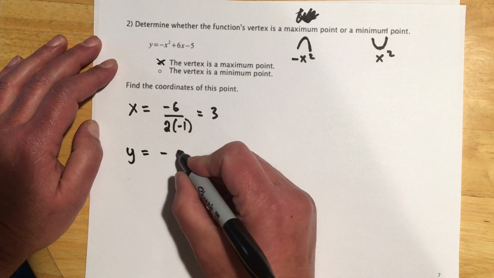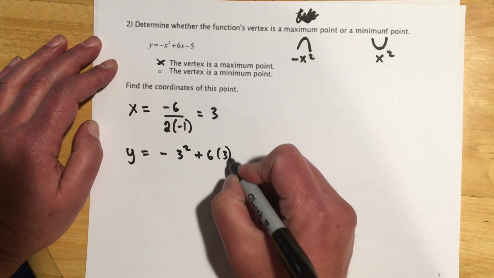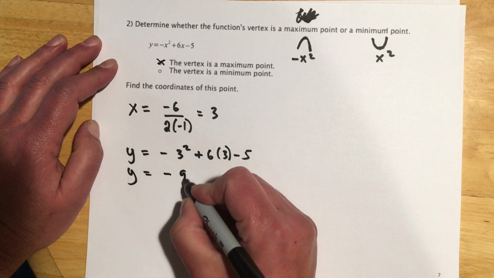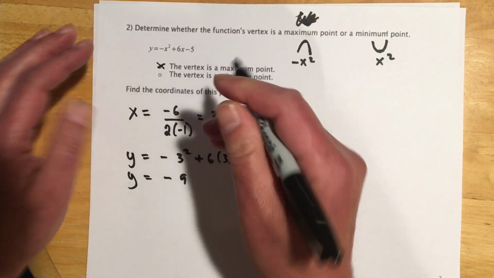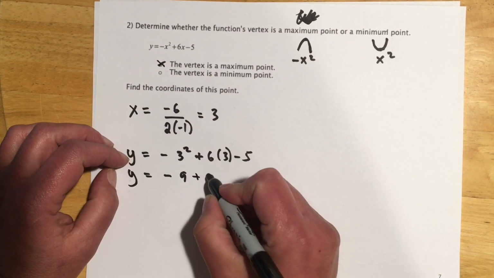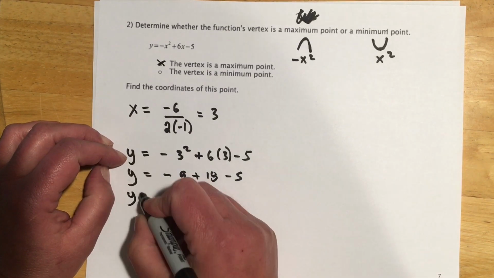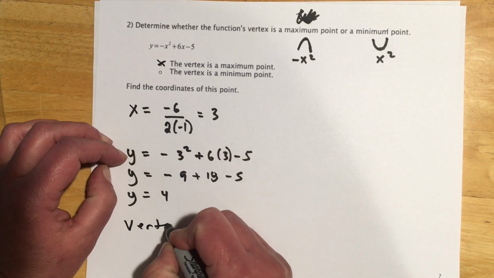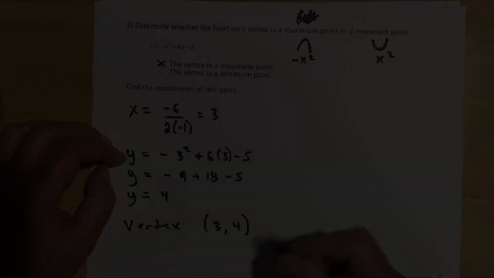So y equals negative of 3 squared plus 6 times 3 minus 5. Or y equals, that would be negative 9, because that negative isn't squared, only the number is. It's not negative 3 squared. Plus 18 minus 5. So down 14, up 18 would be 4. So my vertex is at 3 and then 4.